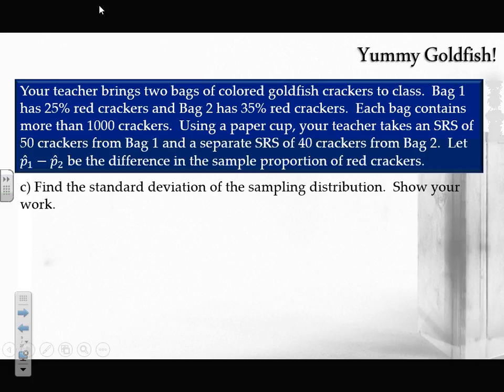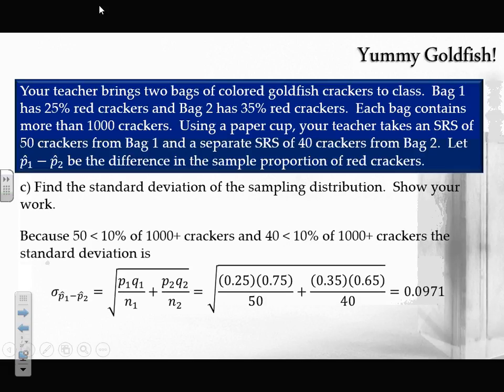Okay? So, when that's true, how do I calculate the standard deviation for the difference here? Take the variances. So do PQ over N for 1 plus PQ over N for 2. So the process here, our 10% condition is met because both samples are less than 10% of the population. So when I go to calculate my standard deviation now, I take PQ over N for sample 1 plus PQ over N for sample 2.